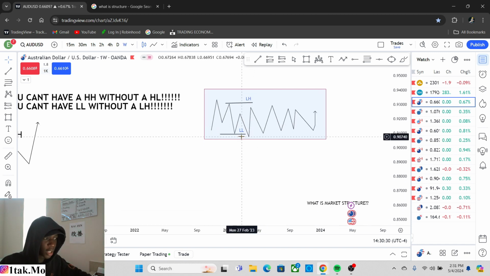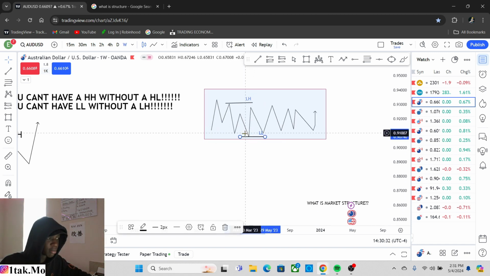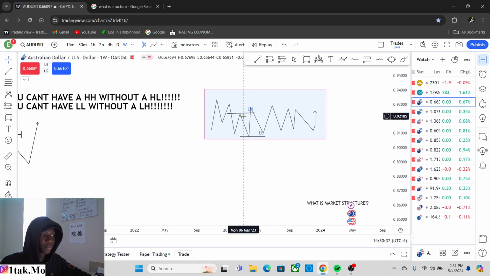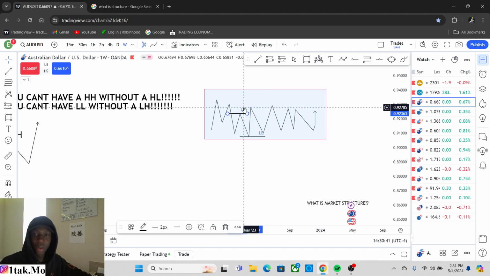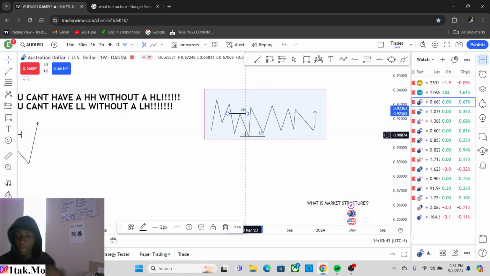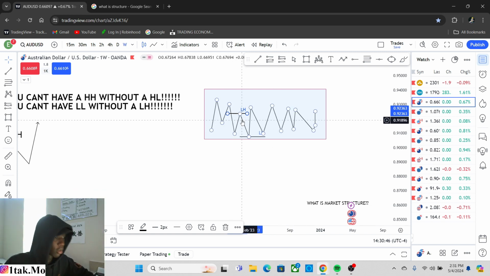So what does price do? Eventually price breaks below this, making a new lower low, which means this is the new lower high. Cool. Until price breaks above the lower high or breaks below the lower low, we're still bearish overall. So then price, what does price do?